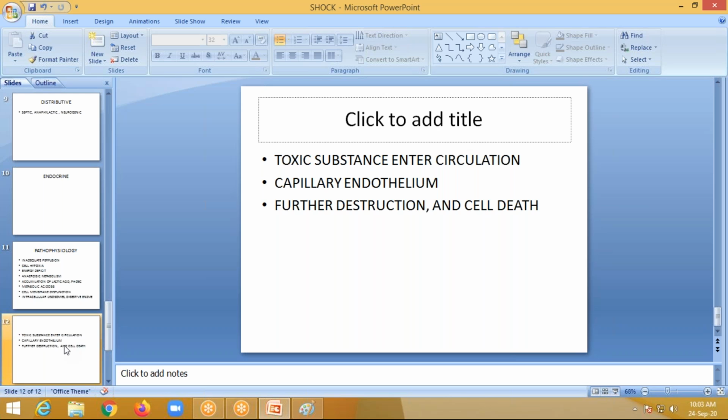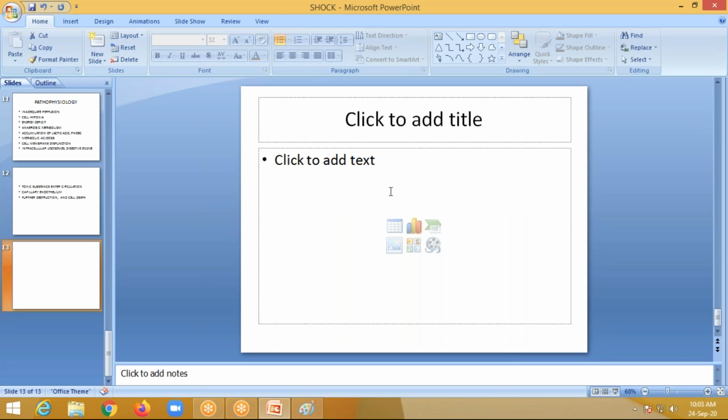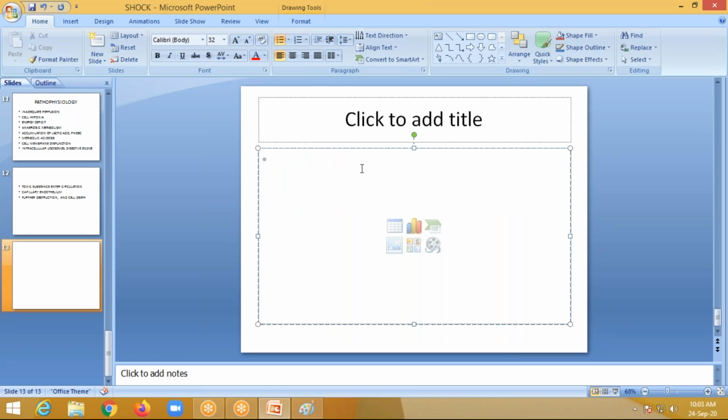Two important topics you have to know with this are the changes at the microvascular level. It is nothing but activation of immune and coagulation systems. This is a shortened form of that pathophysiology. At what level, and which mechanism is happening?